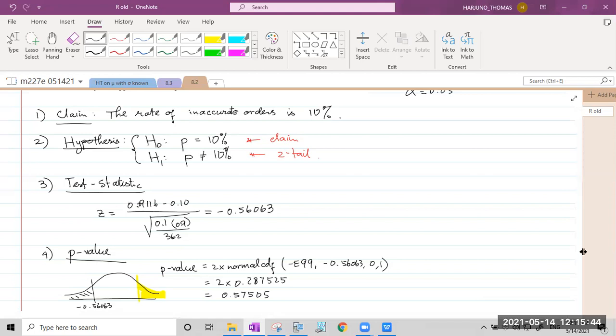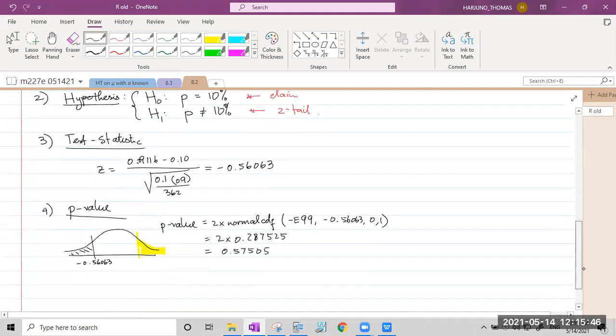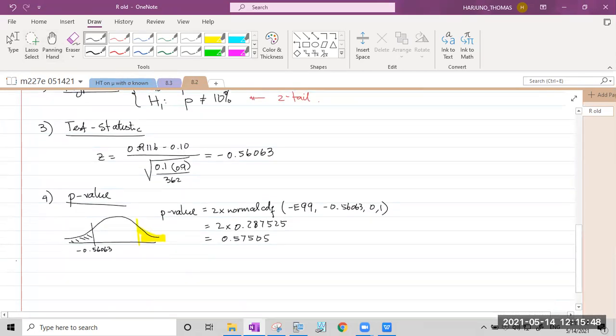It is very much greater than our alpha 5%, so informal conclusion: failed to reject the null hypothesis.